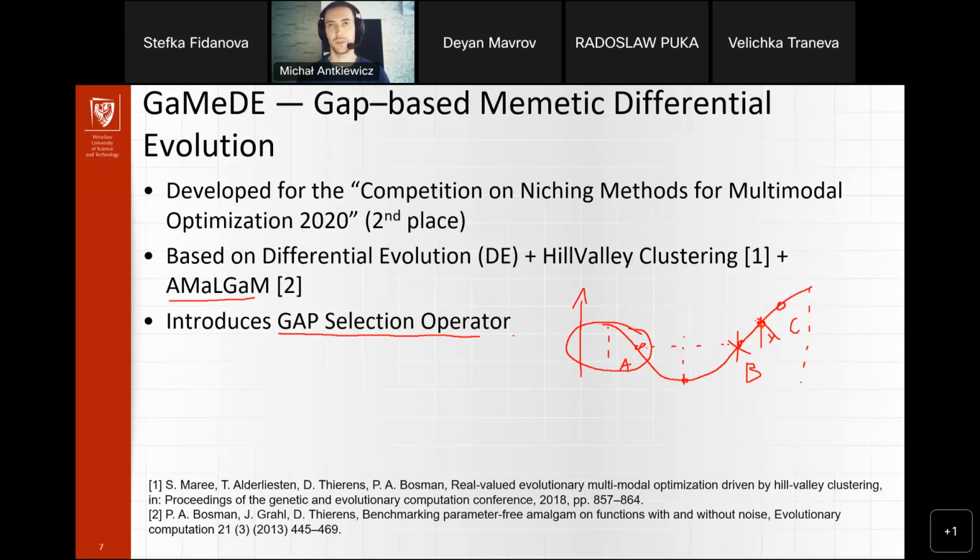So we simply prioritize points which are further away from those we already found in the archive. And it appeared to be working very well in the original algorithm.